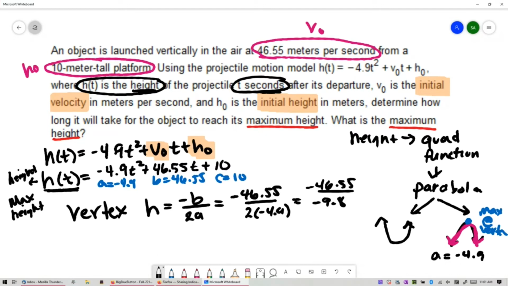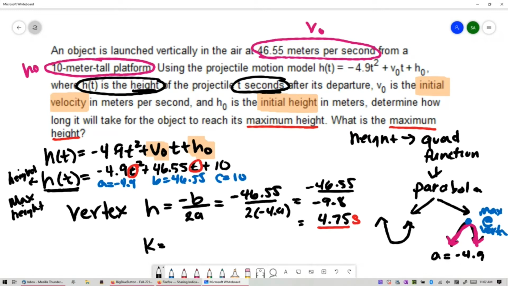And this works out to be a positive 4.75. So this is usually our x coordinate, but we don't use x in this equation, we use a t. So this number, this 4.75, is our time in seconds. So it's going to take 4.75 seconds to reach the maximum height of that object.